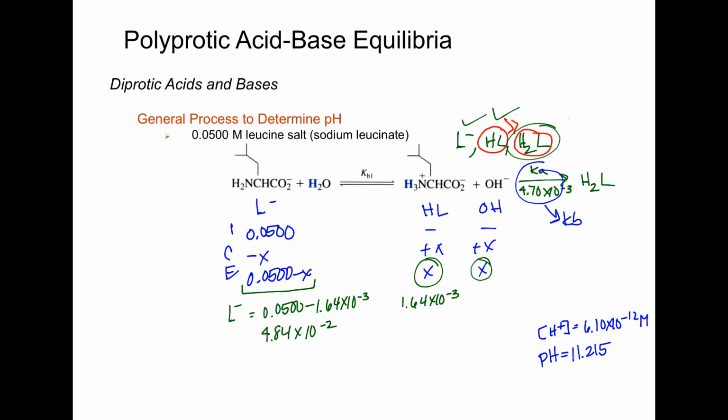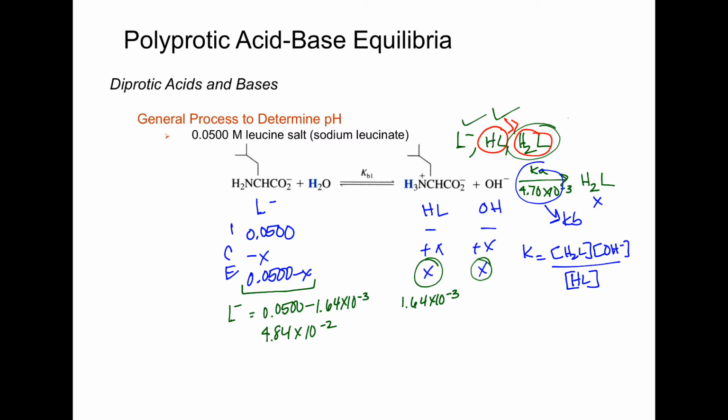So the Kb is equal to, this would be X, so it would be the H2L times hydroxide ion concentration over the HL concentration.